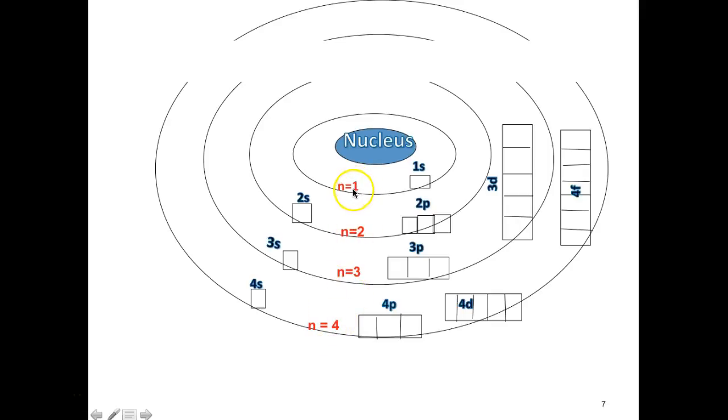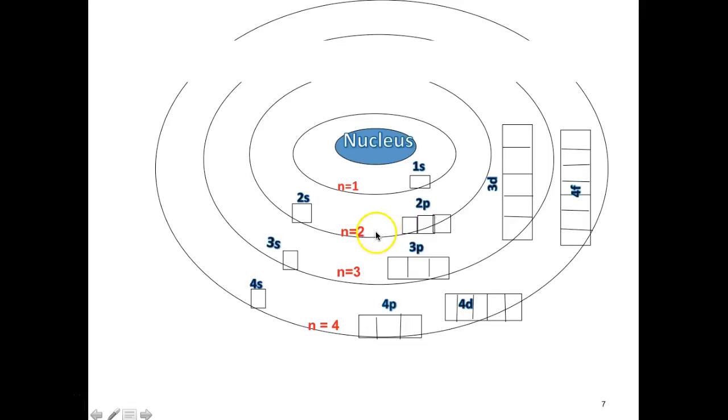Now the other thing is that electrons mean energy, all right? So if this particular energy level has the least amount of energy, it can't hold a lot of electrons, and it doesn't. It is only able to hold 2 electrons. N equals 2 has a little bit more energy.